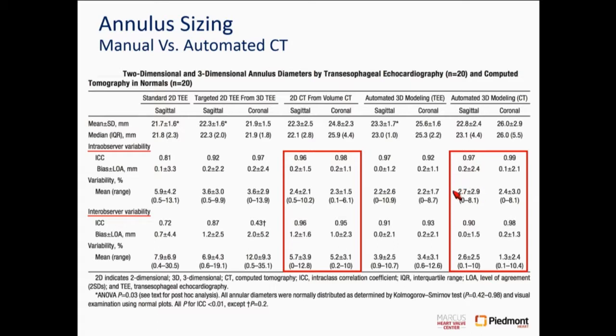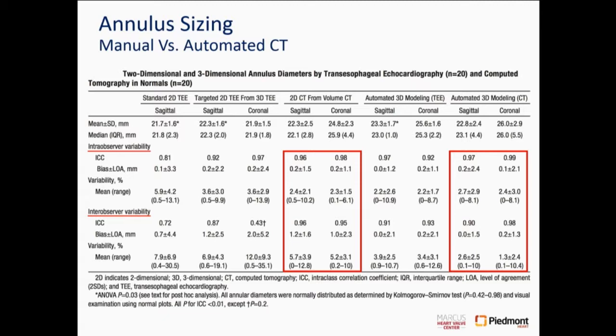And even though CT manual is better than 3D TEE manual, when you do an automated approach, it does have an incremental value in terms of reducing variability, especially inter-observer variability, which is important in the real world because in the real world, we don't have trial data and core labs, but you have to depend on the skill and expertise of your own CT group.